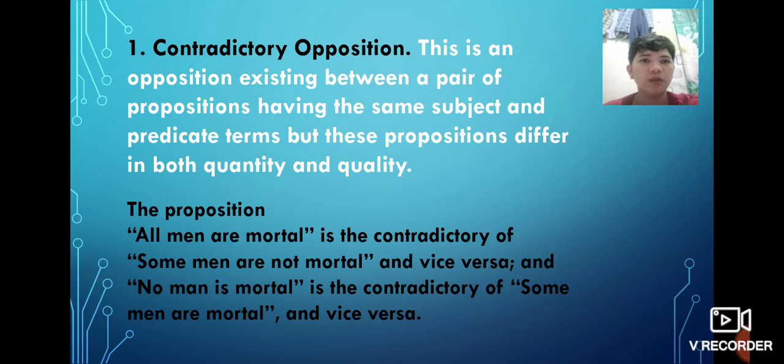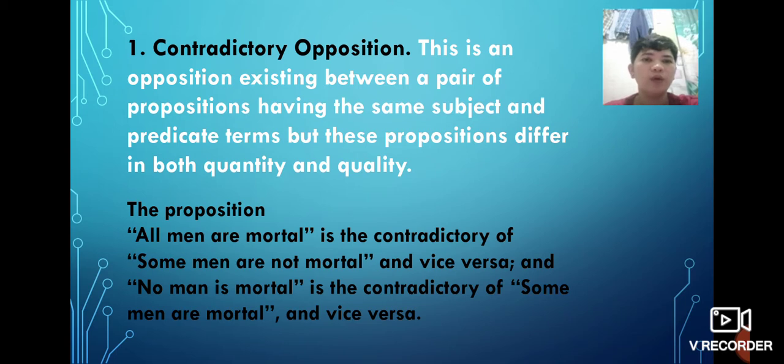Contradictory opposition. This is an opposition existing between a pair of propositions having the same subject and predicate terms, but these propositions differ in both quantity and quality. So contradictory opposition differs in both quantity and quality.